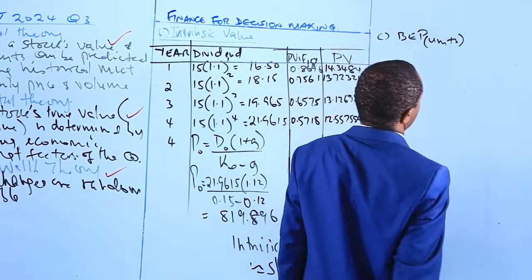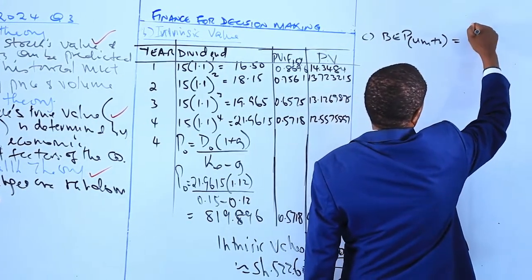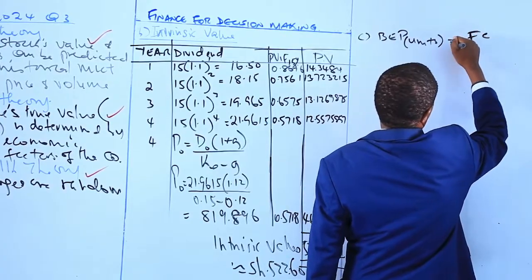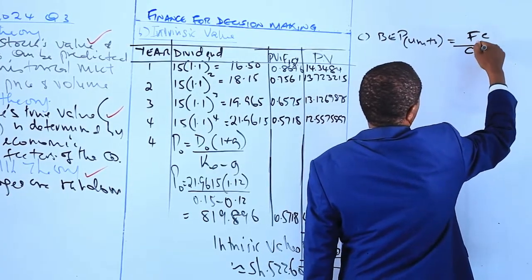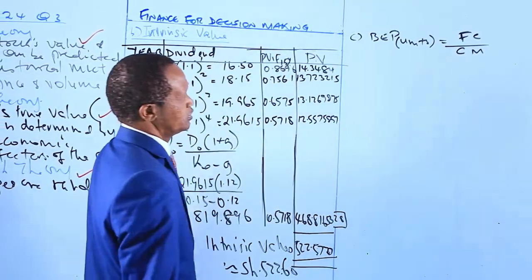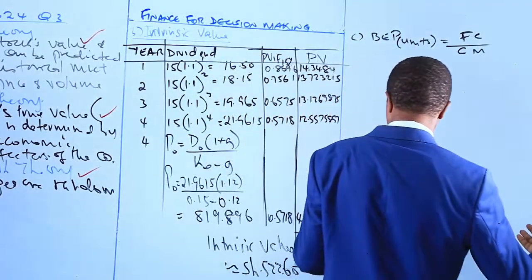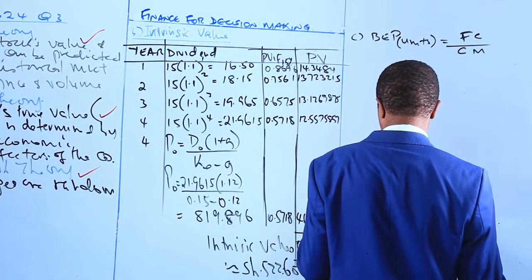To calculate the break-even point in units, we know the formula is fixed cost over contribution margin. Just fixed cost over contribution margin. So what is the fixed cost in this question? 5 million.